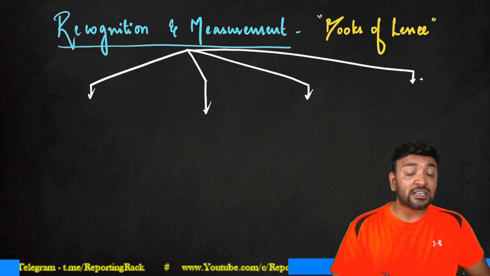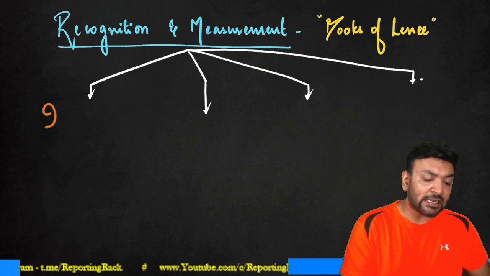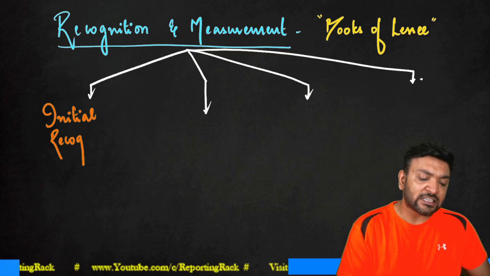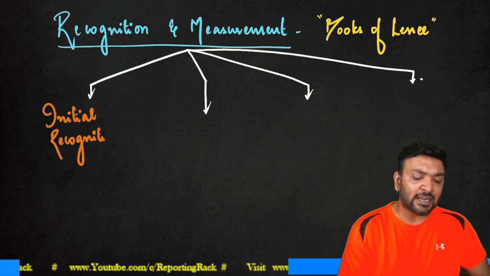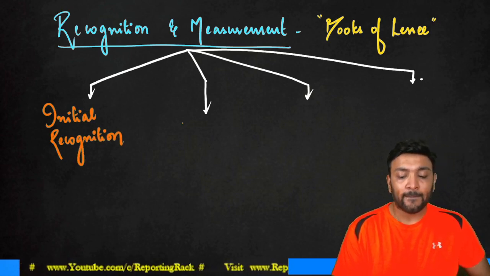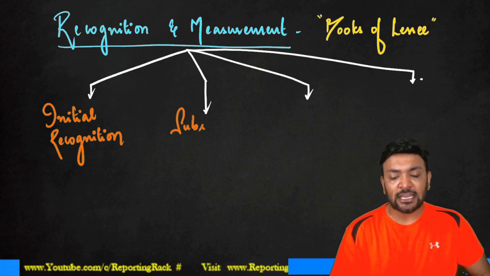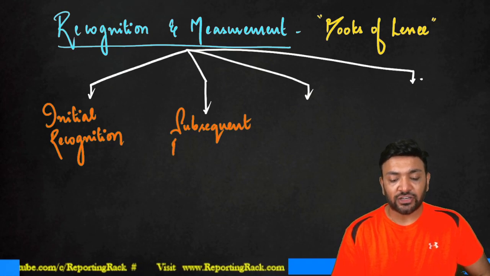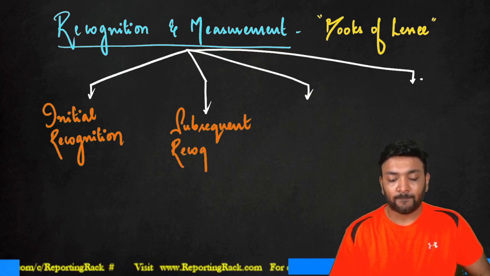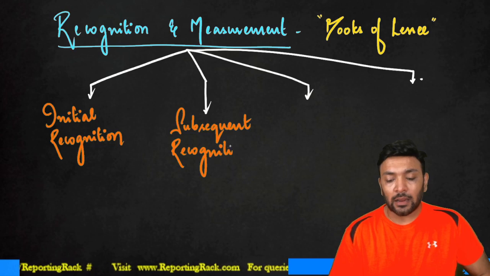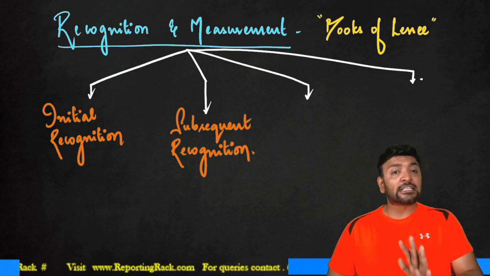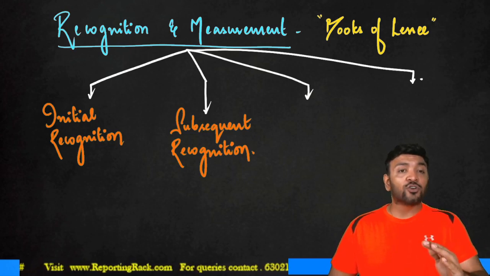The first part of discussion talks about initial recognition. Obviously, recognition includes even initial measurement as well. Then we talk about subsequent recognition. Generally, we assume that once we have discussed initial and subsequent recognition, the topic is over.